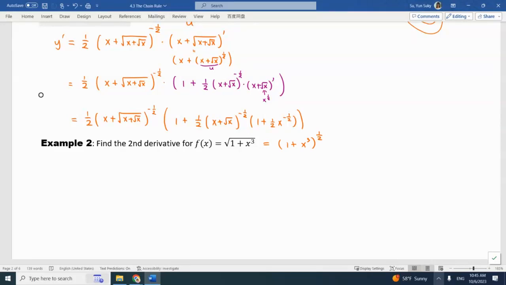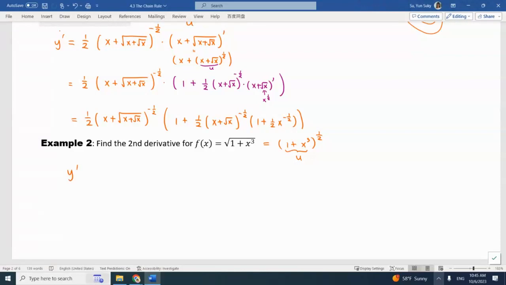Okay, so when we differentiate, do you see this is a composite function? What's your u? Your u is 1 plus x cubed.